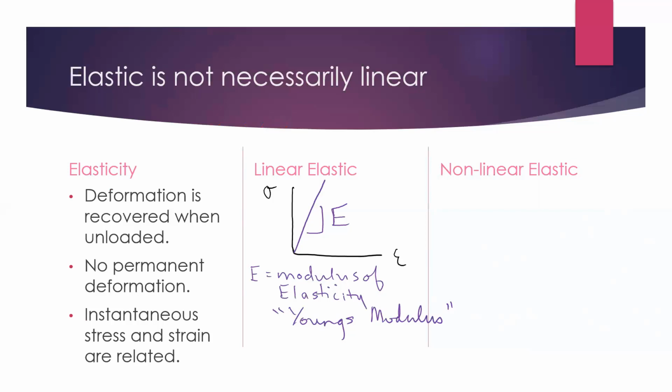Most commonly, our elastic region is linear. So linear elasticity, which means two different things: linear, indicating that stress and strain have a linear relationship, and elasticity, indicating that when you unload it, it's going to follow back down along that same path. This is our most common.